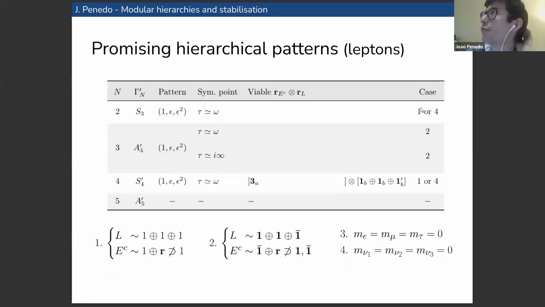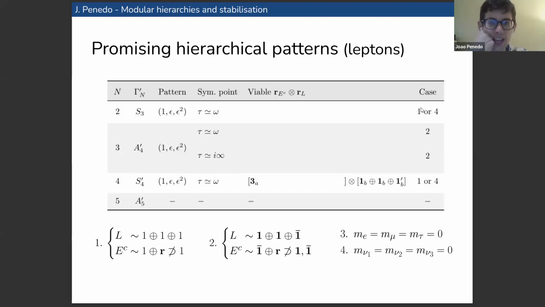If I recall correctly, if you are just going by the least number of parameters, I think there is a model by Ding, which is either A4 or S4. Now I don't remember, but it's reliant on fine-tuning. Maybe it's S4. Usually, when you can get something with A4, you can sometimes get it also with S4, but in most cases I don't know the answer.